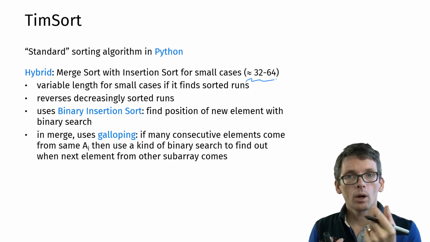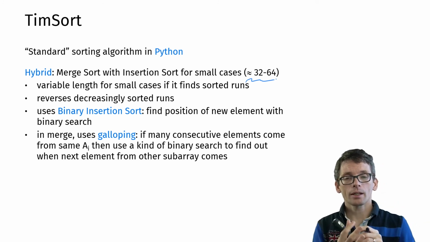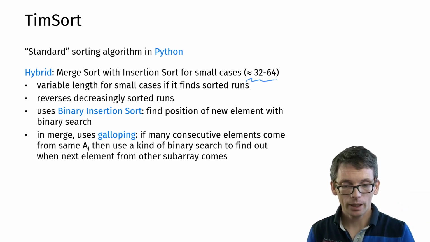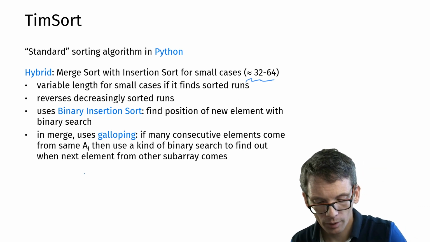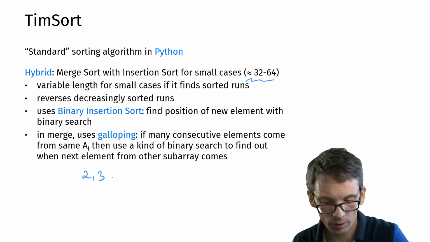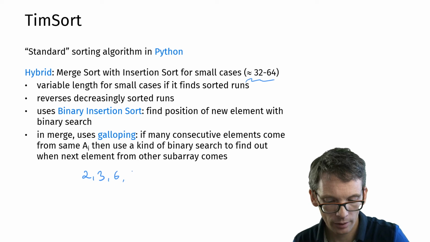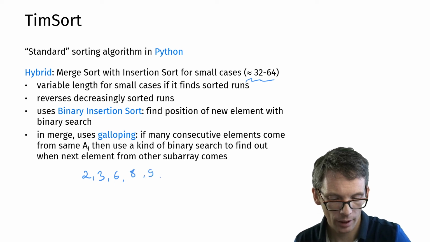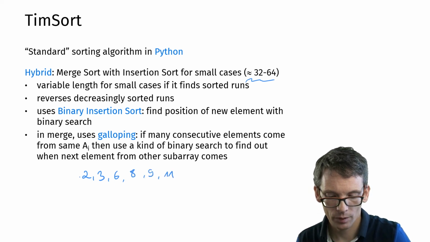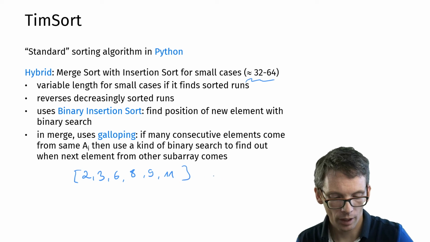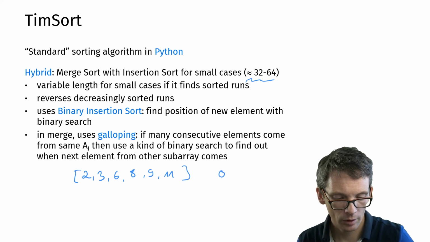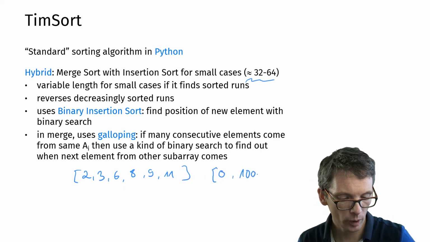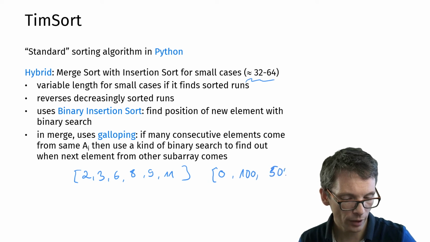Now, often you have a setting where, let's say, in one run you have numbers 2, 3, 6, 8, 9, 11, and the other one is maybe 0, 100, 500, and so on.